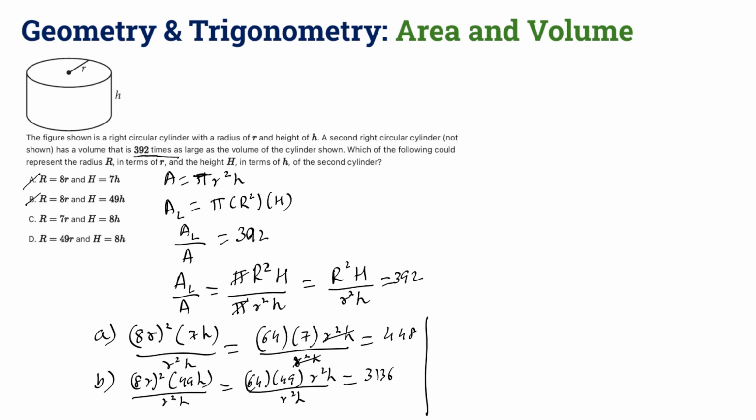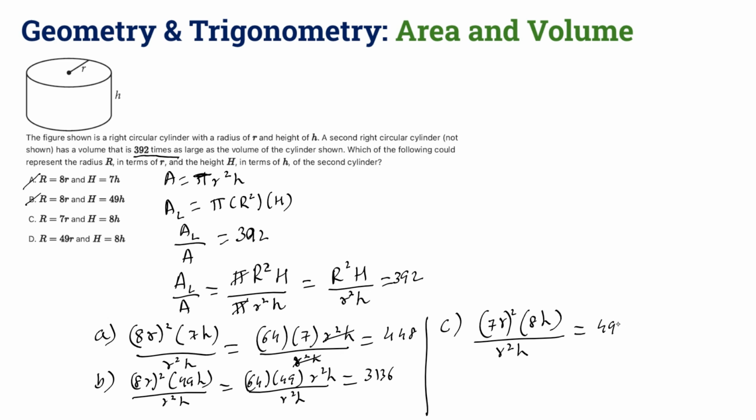Finally, we'll look at C, and we'll get 8r square times 7r square times 8h over r square h.